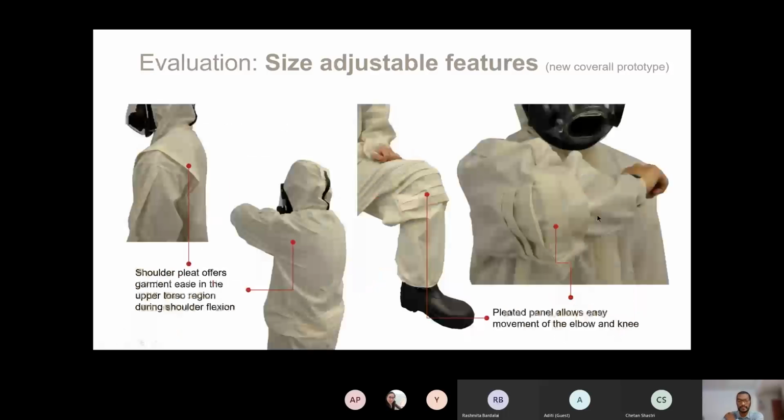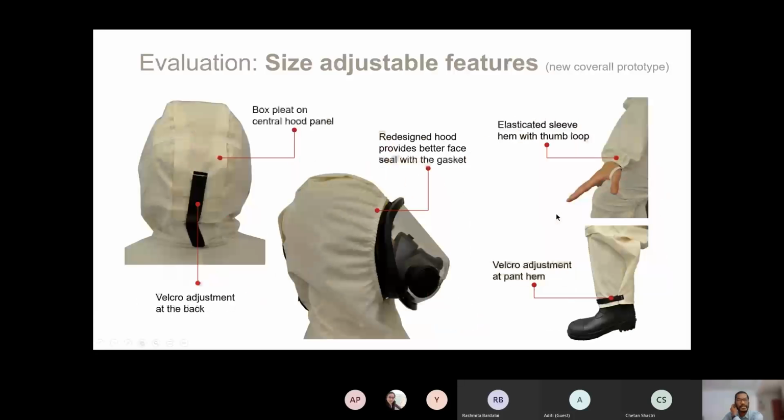And also features like shoulder pleats, which could allow more range of motion along the stress and strain of shoulder flexion, and flexion and extension along the knees and the elbows.